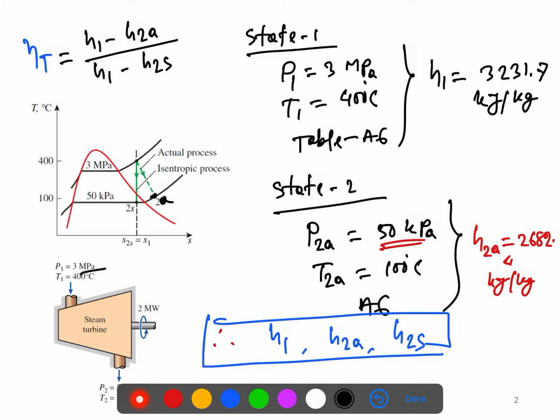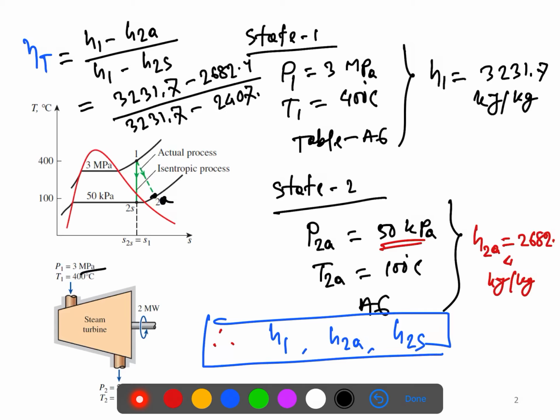So let's substitute the values. H1 is 3231.7, H2A is 2682.4, H1 is 3231.7, and H2S, it is given in the question, is 2407.9.